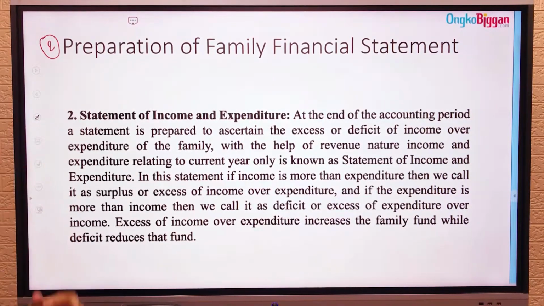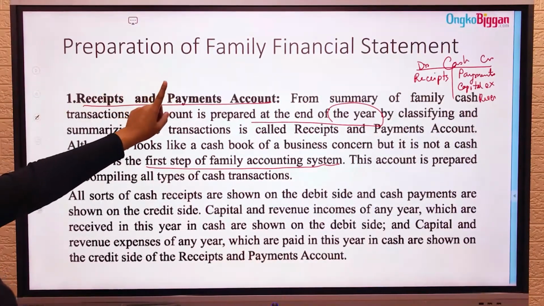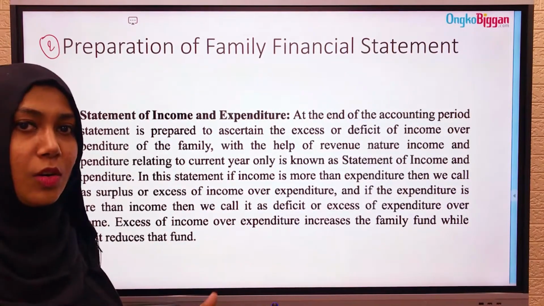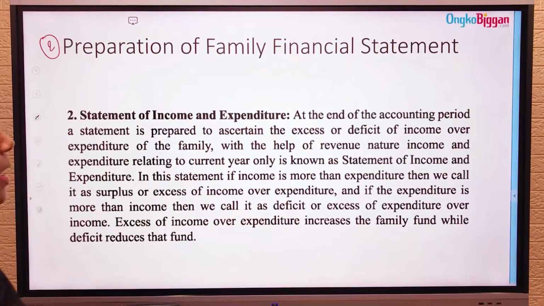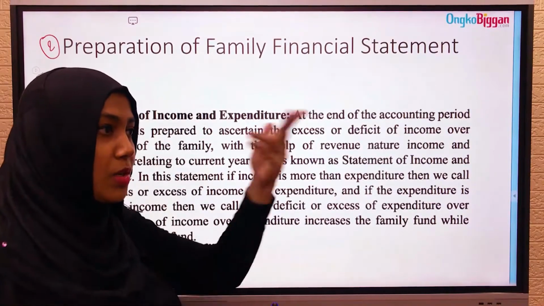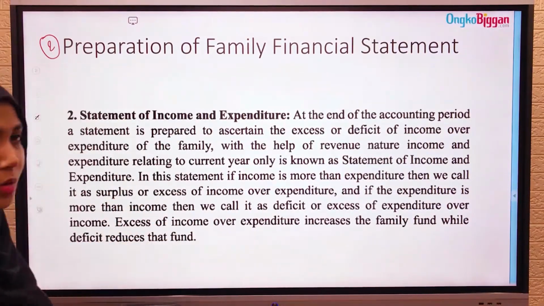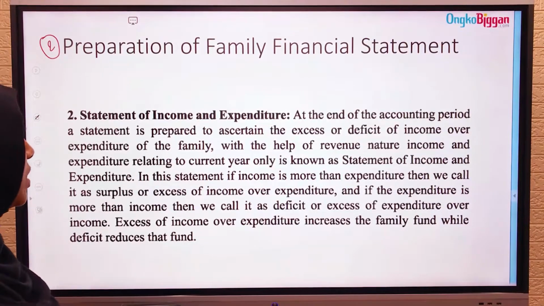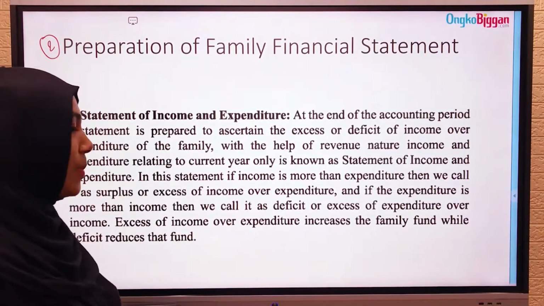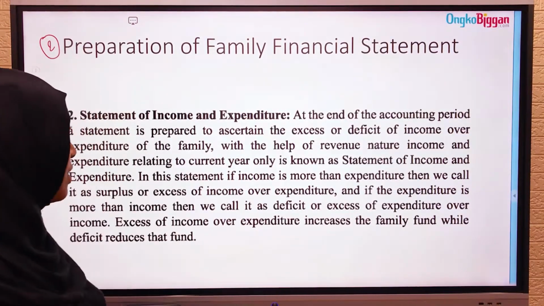So at the end of the year, everything like the previous one, the family receipts and payments account, then income and expenditure, and next the financial position, is made, to find out whether my income is in deficit against my expenditure, or my expenditure is in deficit against my income. We do that by preparing the income and expenditure statement at the end of the year.